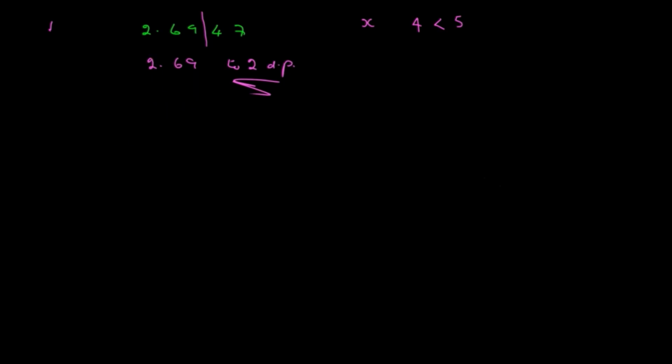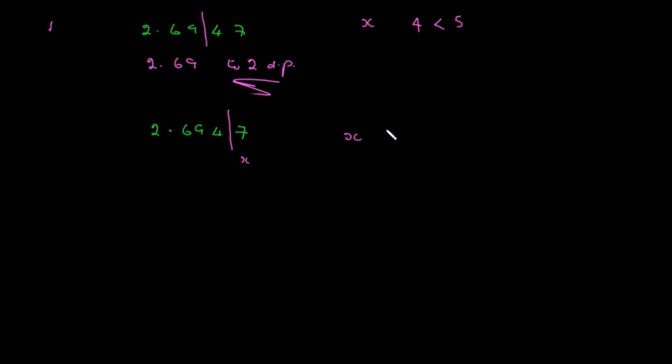Right, now let's look at this again. Let's go back to our green. 2.6947. Suppose the cutoff point is there. So we want it to be to 3 decimal places. You look immediately to the right. Imagine that being x.